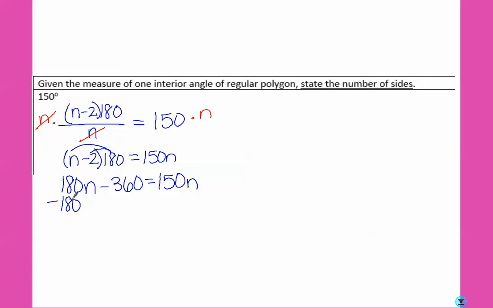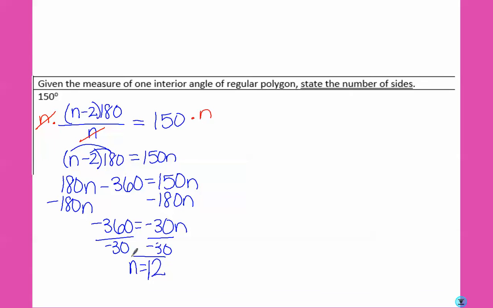Subtract 180n, so all our n's are together on one side. Negative 360 equals negative 30n. And then finally divide both sides by negative 30. And we get that the number of sides is 12. It has 12 sides.